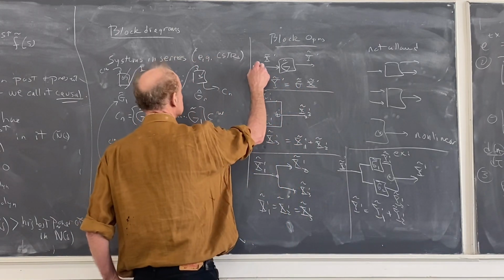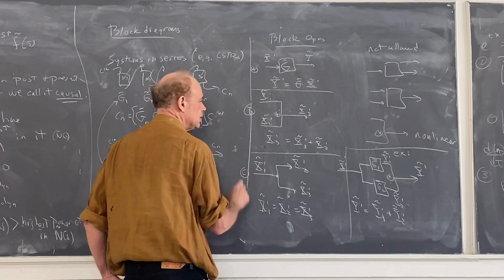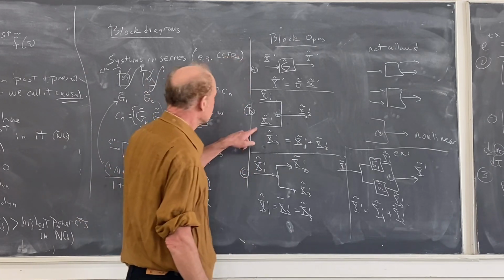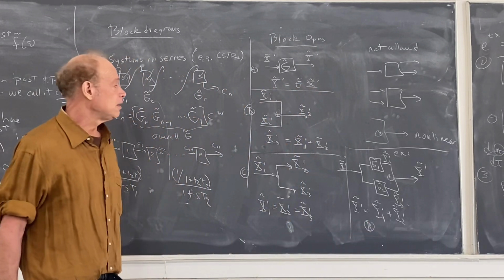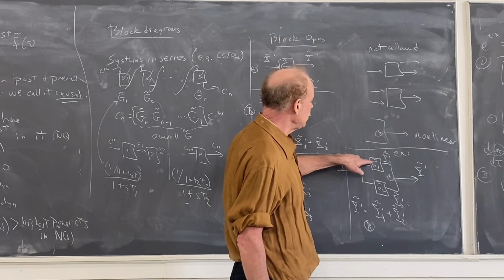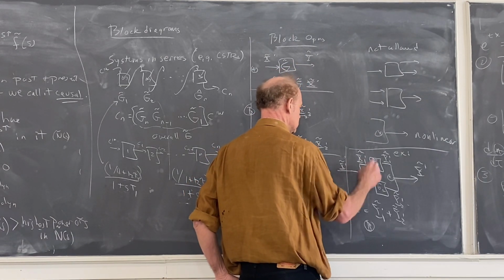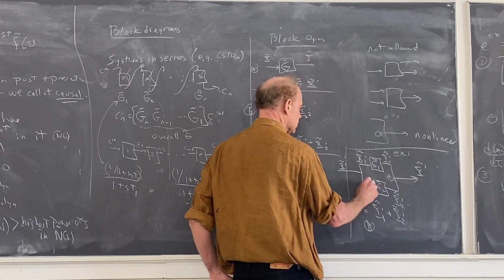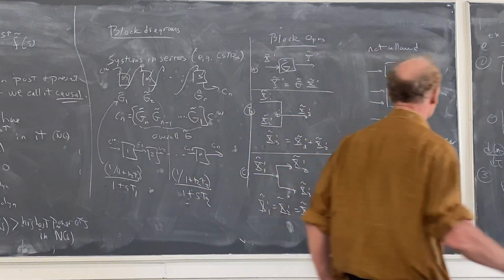Let's call this A, B, C. And I know that because I use B by D. But Y1 prime tilde is just G1 tilde times X1 prime tilde. And I need more space. So we're going to go up here.